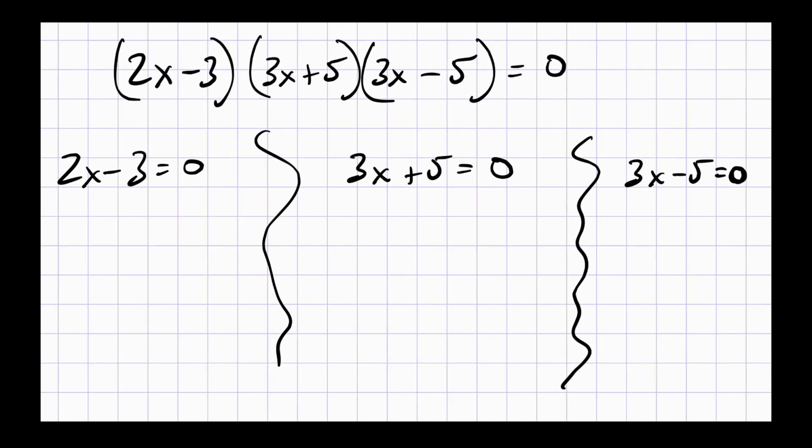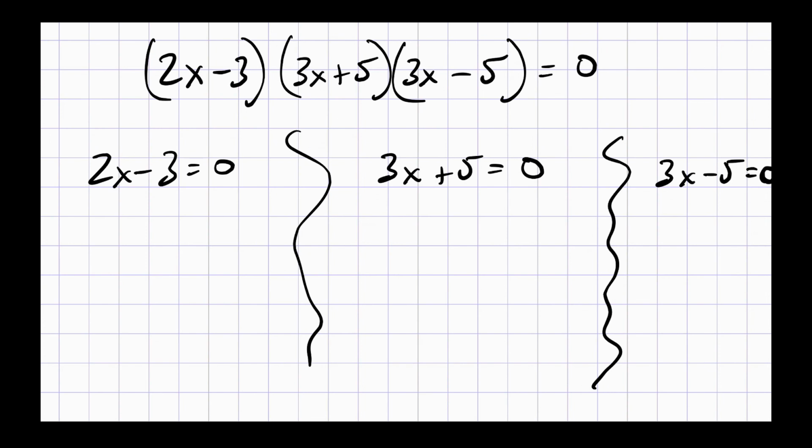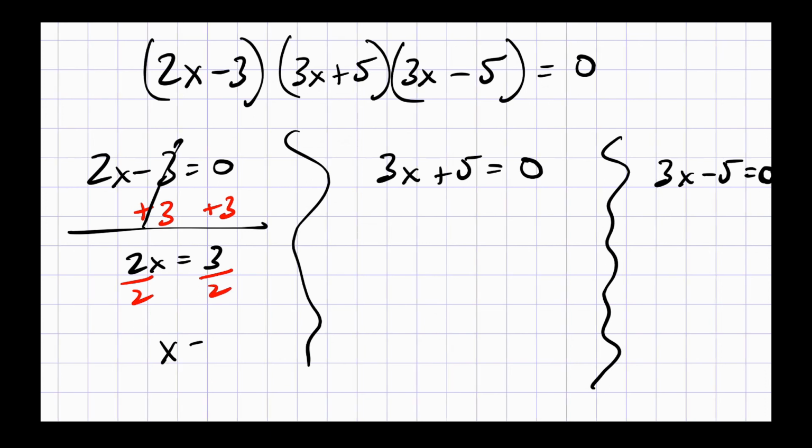Okay. So luckily, these are all linear, means they're only going to give me one answer each. Divide by 2, divide by 2. x equals 3 divided by 2.